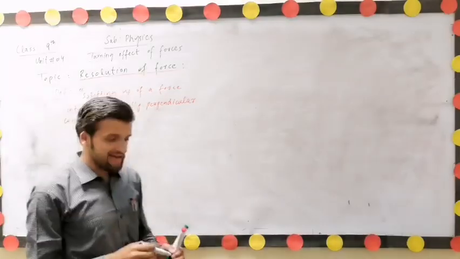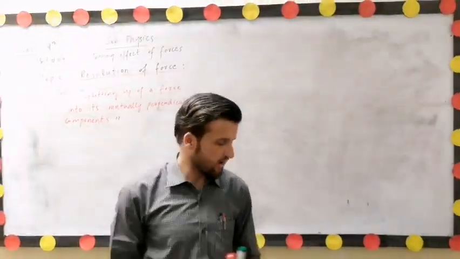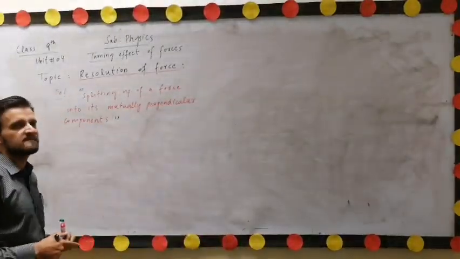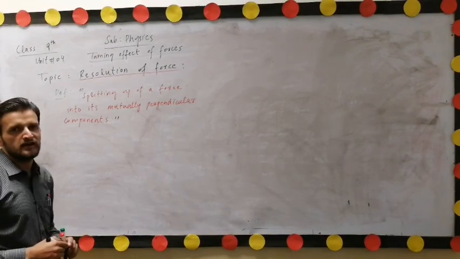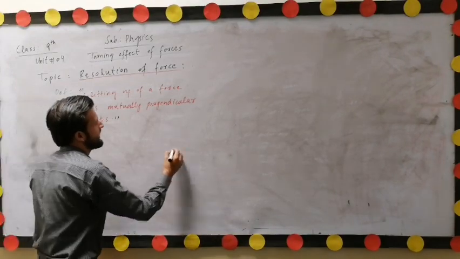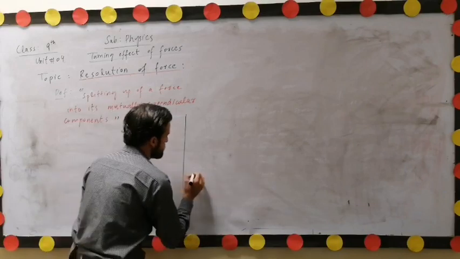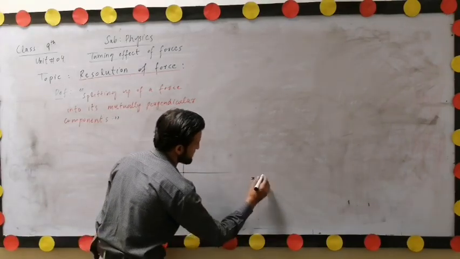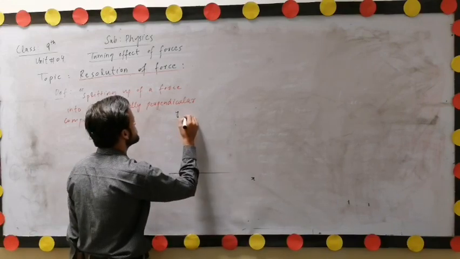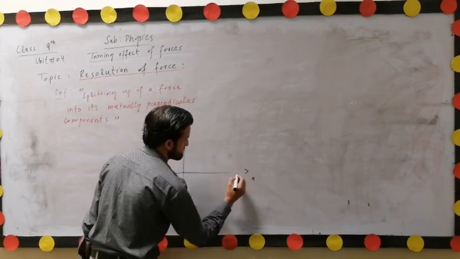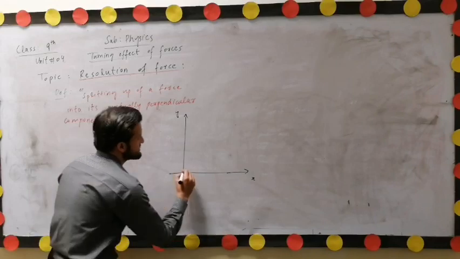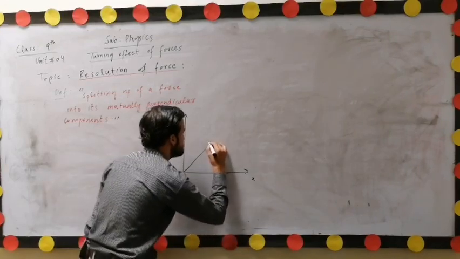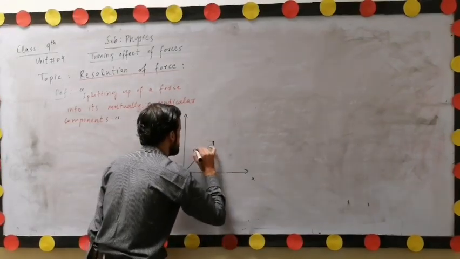To derive a relation for its mutually perpendicular components, we have to consider a vector force in the xy plane. Here we draw a diagram. This is our x-axis, and this is our y-axis. Here we consider a force F in the xy plane.